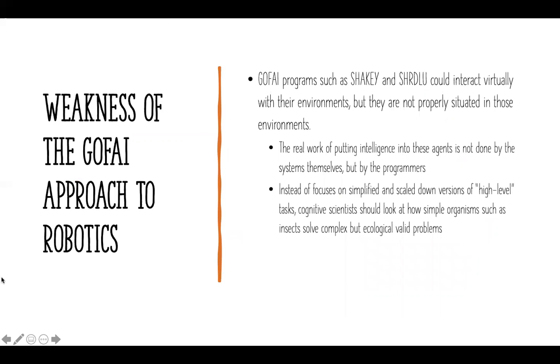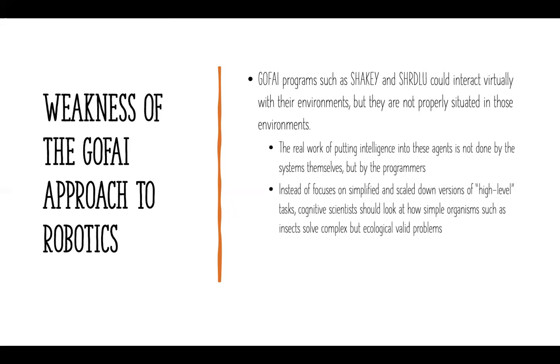The weakness of the good old-fashioned AI approach to robotics is that programs such as Shaky and Shirley can interact virtually with their environments, but situated cognition theorists argue that they are not properly situated in their environments.